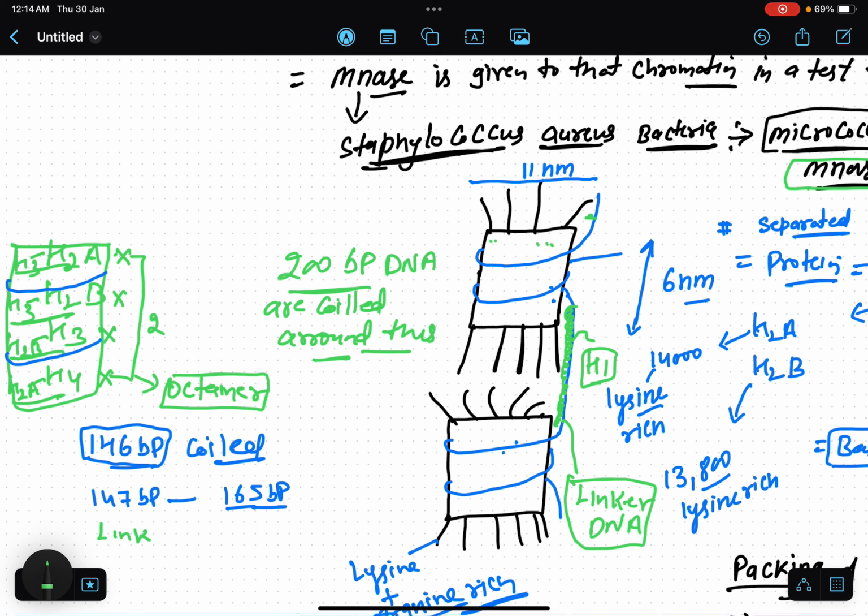have 54 base pairs, because it is 200, 146 coiled around this, the remaining 54 base pairs is linker DNA, which is present from here to here, and here to here is for this.